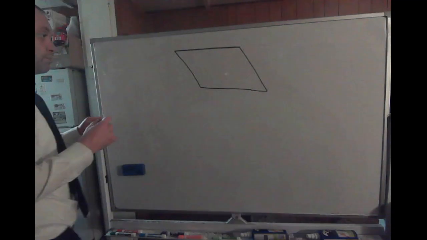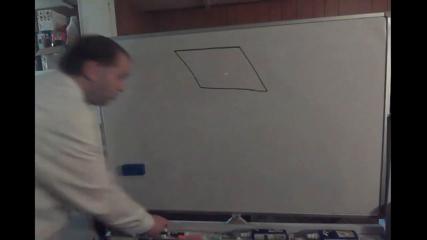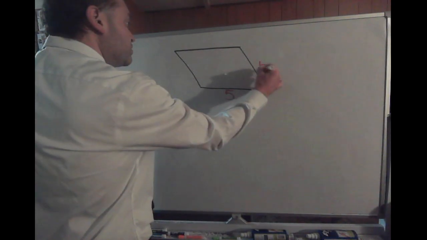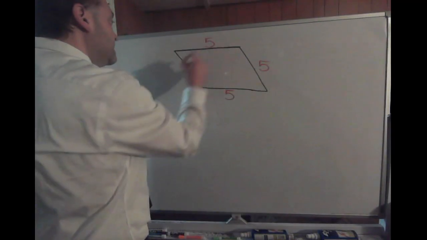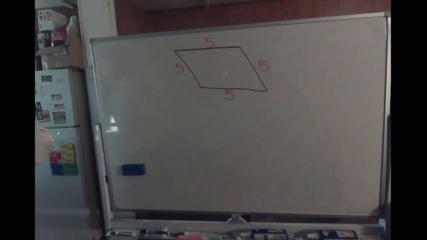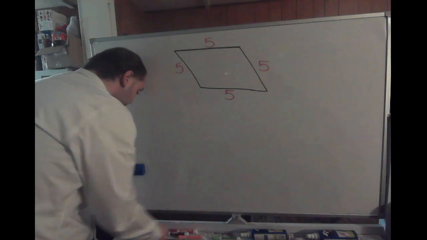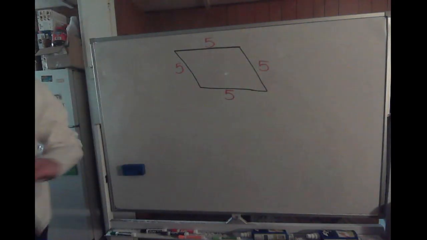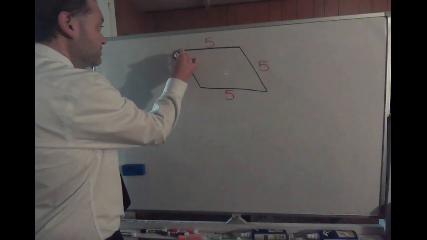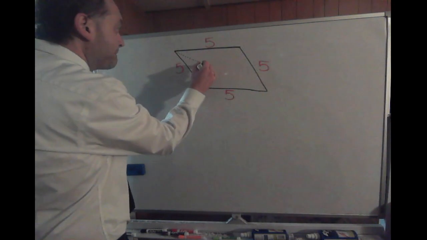There's another rhombus. What do they give us this time? Boy, they sure love their lengths of 5. They sure do love their lengths of 5 for the sides. Well, that's fine. Whatever floats their boat, right? This is a little bit different, though. Very different. Let me set up the length of the first diagonal here.